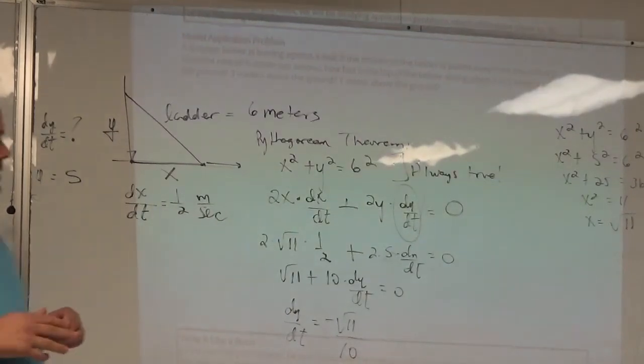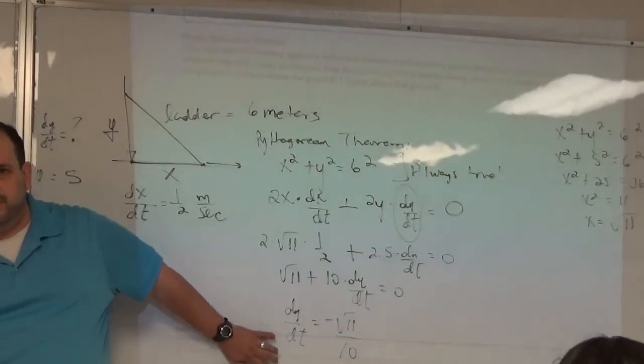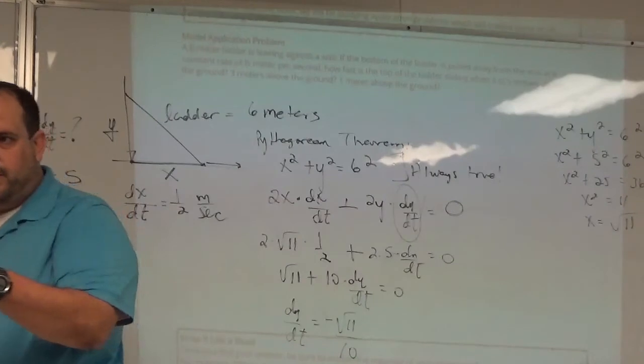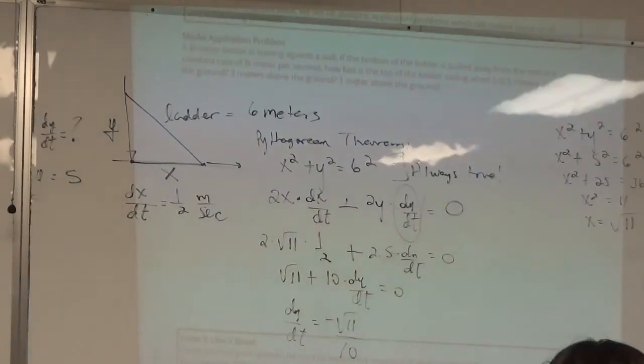Oh, hold on. I want to make sure everybody's okay with negative square root of 11 over 10. Before I take any questions, why is this negative? I want to get some hands on this. Why is dy/dt negative?